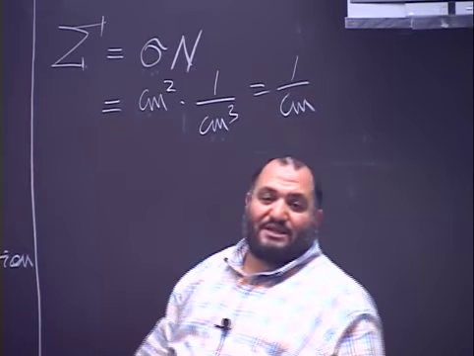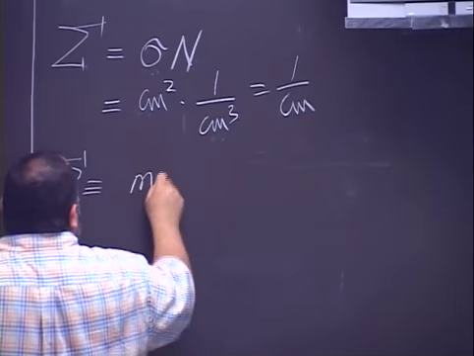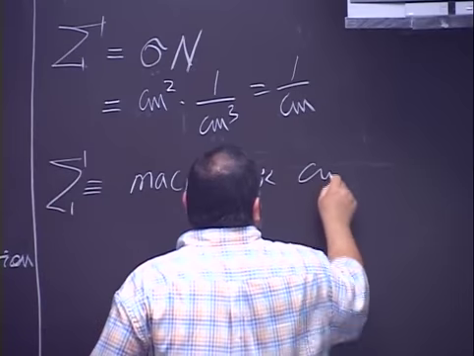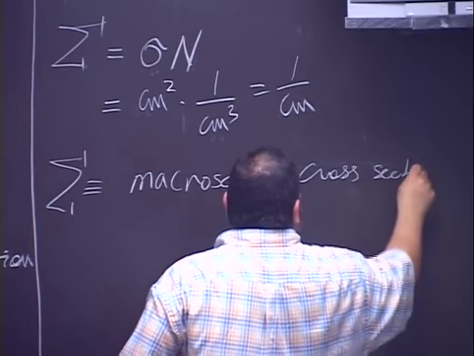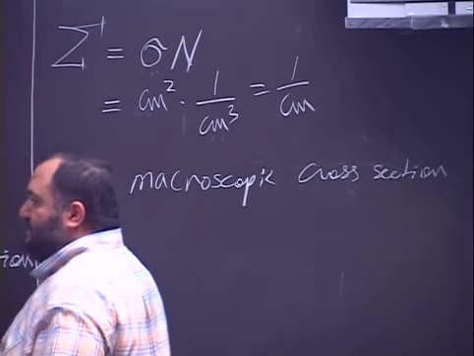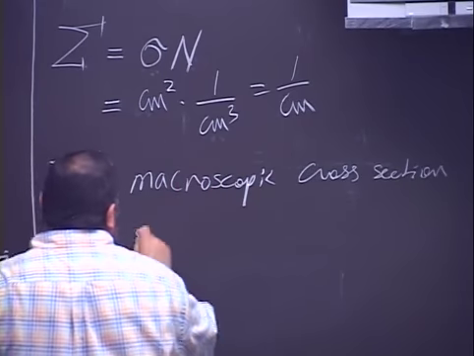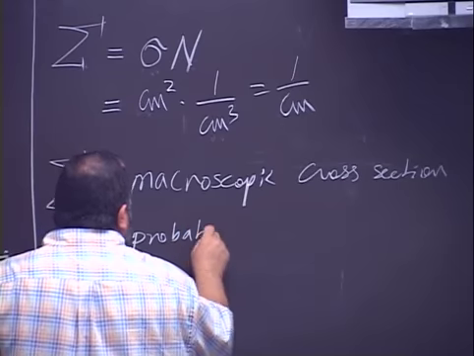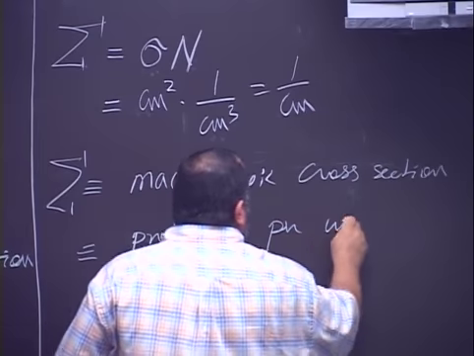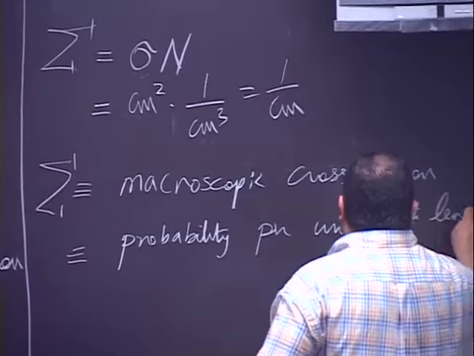So this is called macroscopic cross section. And this is probability per unit base length.